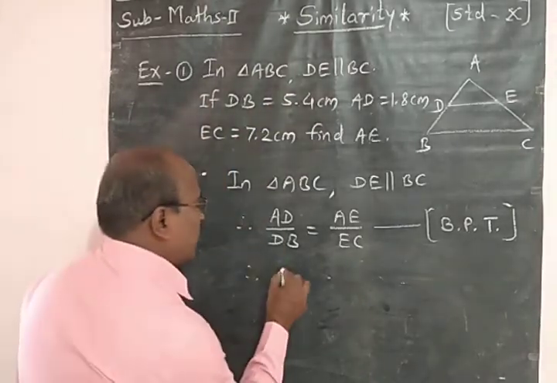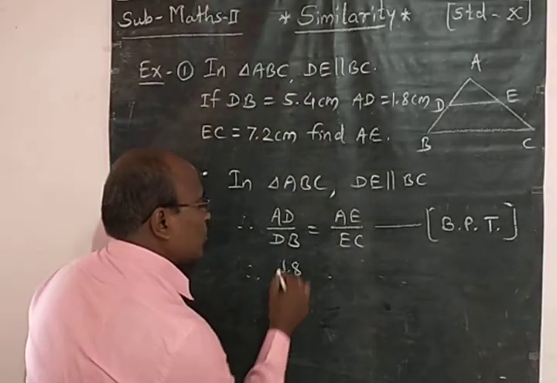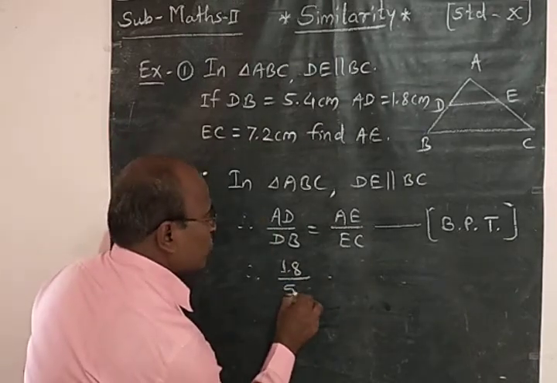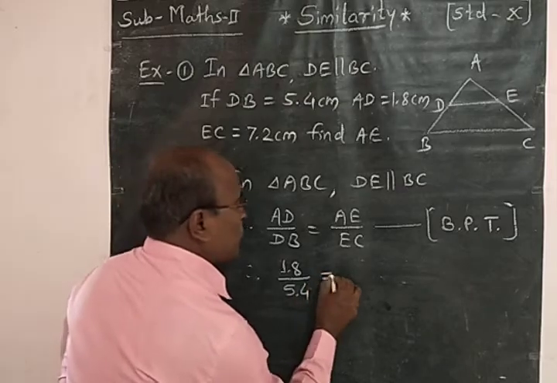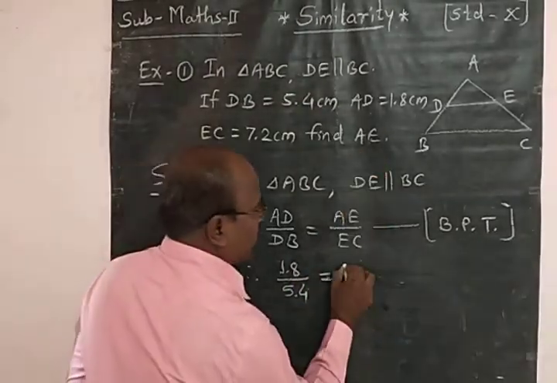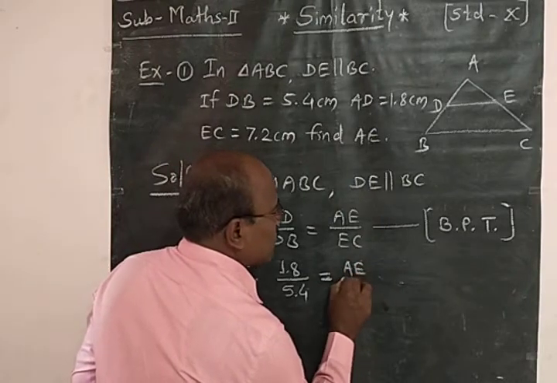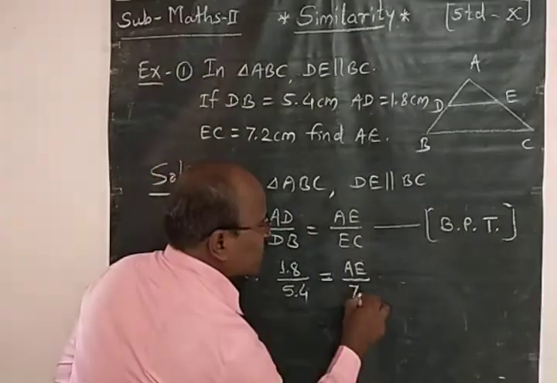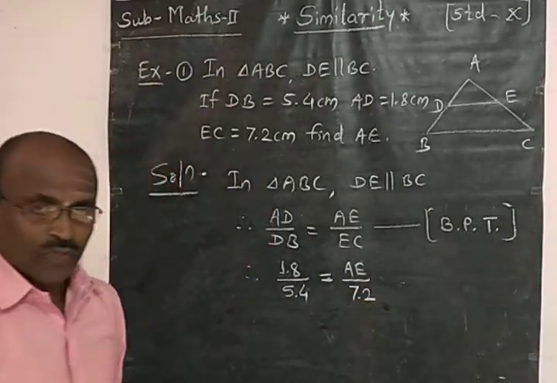Now put the given values of DB, AD and EC. AD is 1.8. So write here 1.8 divided by DB, which is given as 5.4, that is equal to AE, write AE as it is, divided by EC, which is also given, write this EC as 7.2.